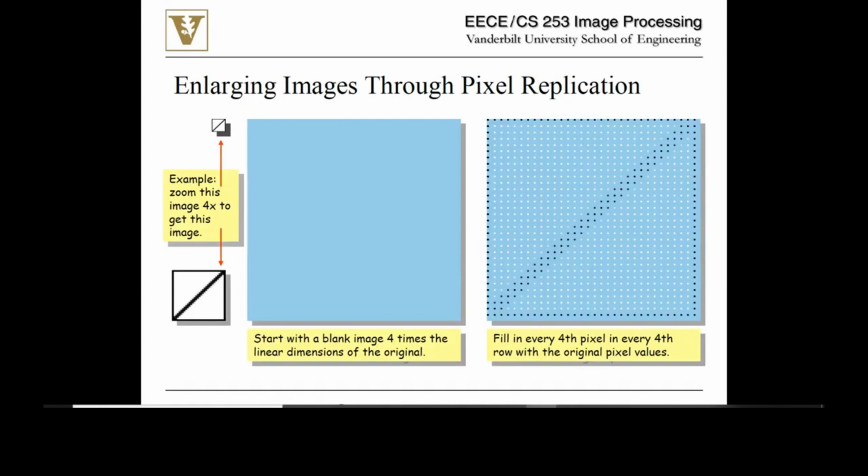Okay, so let's say that we want to enlarge an image. We have this image and we want to produce an enlarged version of it. So we could start by creating an empty canvas that we call our image. And then we fill in every fourth pixel in every fourth row with the original image. Here you recognize the upsampling operator.